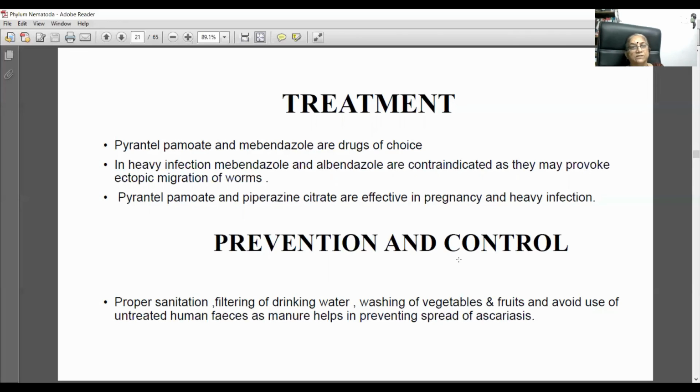Now, how will you control this infection? Controlling is just simple: proper sanitation, filtering of drinking water, washing of vegetables and fruits, avoid use of untreated human feces as manure, and you can also prevent by maintaining all the hygienic habits.